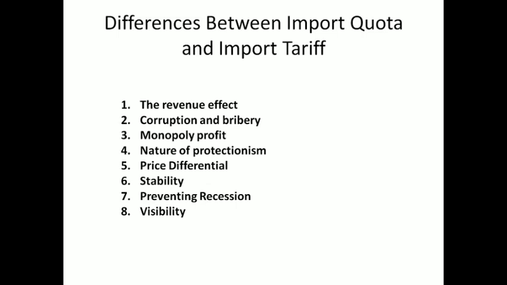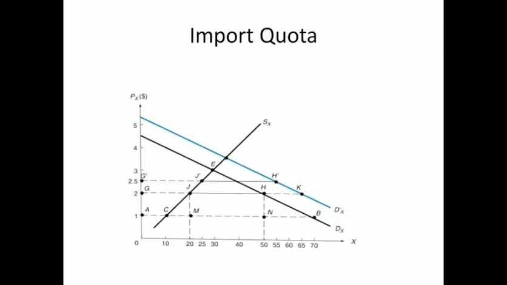The tariff brings revenue to the government, whereas quotas do not. As we have seen in the previous slide, this JHMN is the portion of tariff which is the revenue of the government and can be utilized for public welfare. But the import quota is basically not the direct gain of a government, not a direct collection of a government.